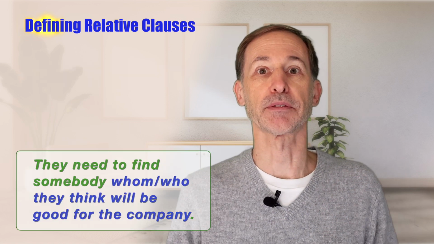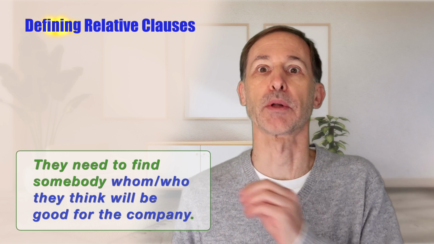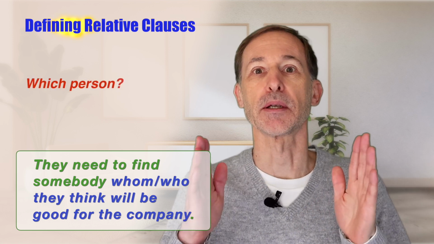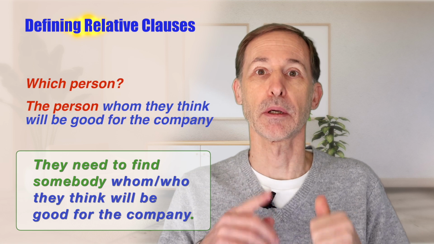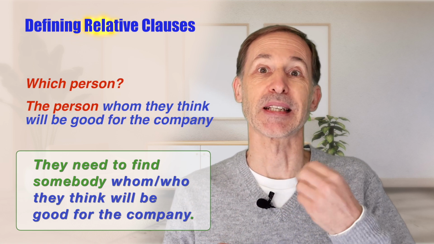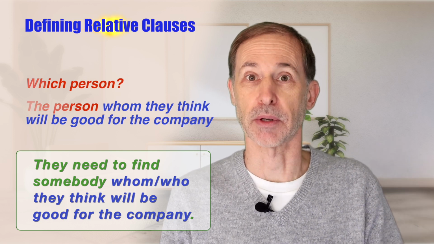Or they need to find somebody whom they think will be good for the company, or who they think will be good for the company. This is the defining relative clause. Who or whom do they think will be good for the company? It gives essential information about the person they need to find.